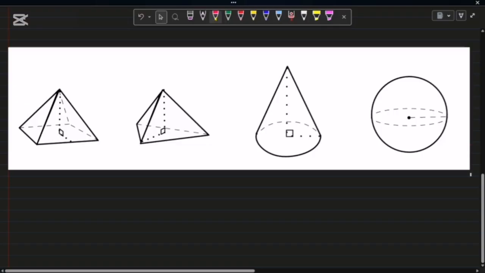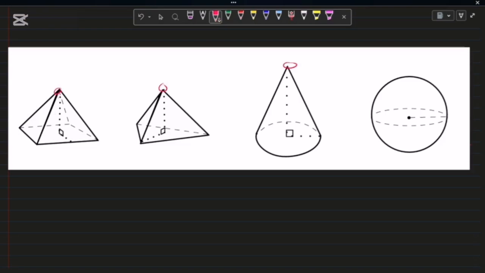Now, for pyramids, as soon as we have established that the three-dimensional object that is given has an apex, which is this thing, or in other words, it's a pyramid, then we must know that you can use this formula for volume.